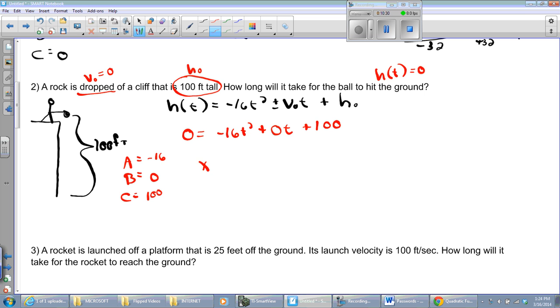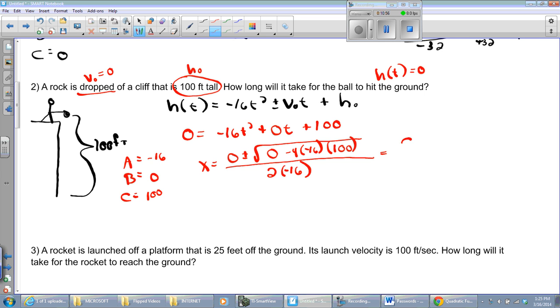And I go quadratic formula, x equals negative of b plus or minus square root of 0 minus 4ac, all over negative 16.